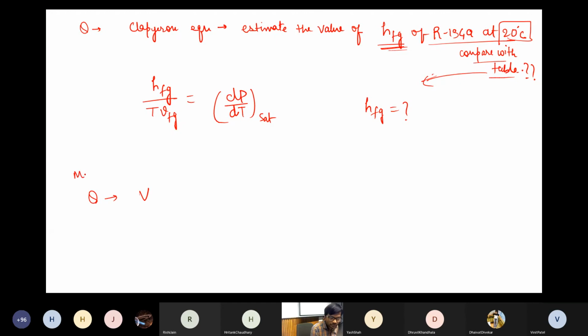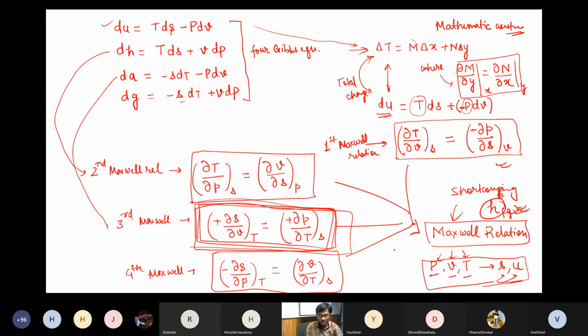This question is based on the Maxwell equation. Verify the validity of the last Maxwell relation. So what is my last Maxwell relation? Was this one. So you have to verify the validity. Is it valid or not?